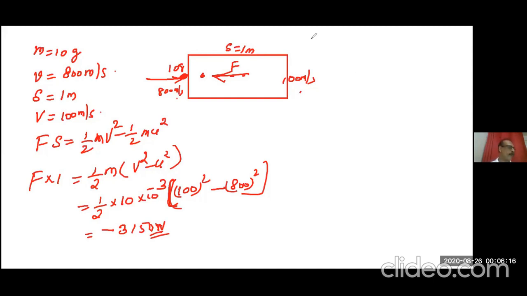Next question. A shot is traveling at the rate of 100 meter per second, is just able to pierce, pierce means penetrate, a plank, means wooden plank, of 4 centimeter thick.